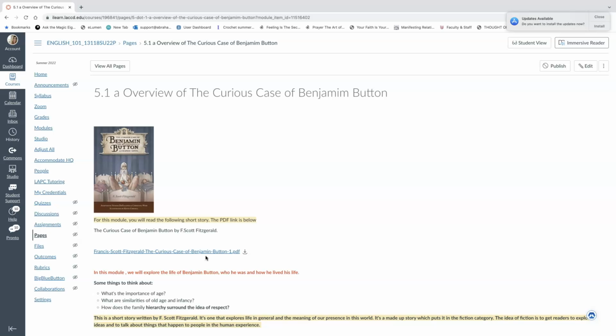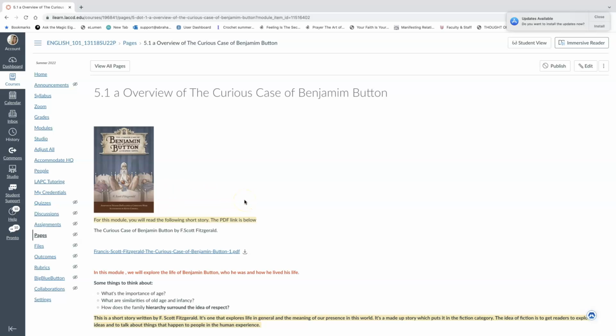So Benjamin Button is a story about a child who was born an old man. Here's a cover of the book when it first came out. It's a short story. It was considered a novella. And so he does his life in reverse. He starts out as an old man and he ends up as an infant.